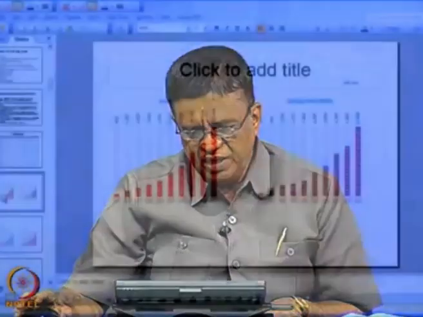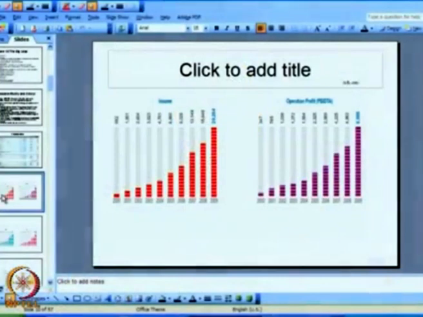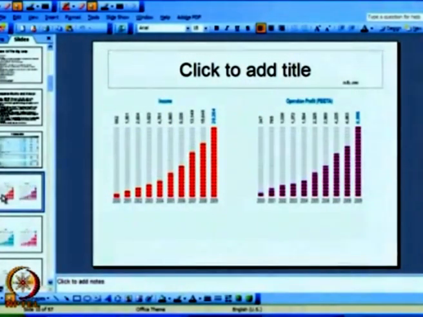Now, if you really see, the students have analyzed the income of Infosys going from 2000 to 2009, in rupees crores, then the operational profit, that is profit before interest, depreciation and taxes. How has it gone?